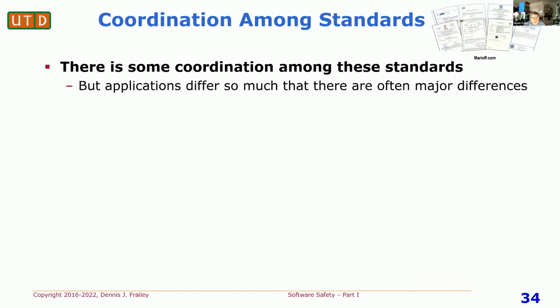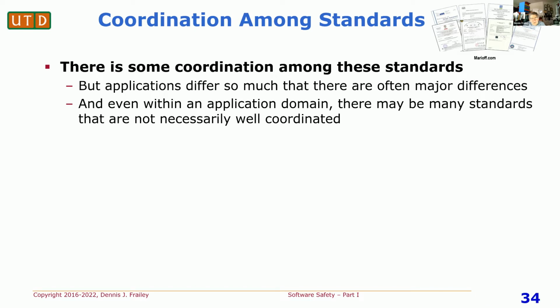There is some degree of coordination, but applications differ significantly, and therefore there are often major differences in the standards. And even within an application, there may be standards that are not necessarily well coordinated. This turns out to be particularly a situation with the medical community, because the medical people are very concerned about safety.